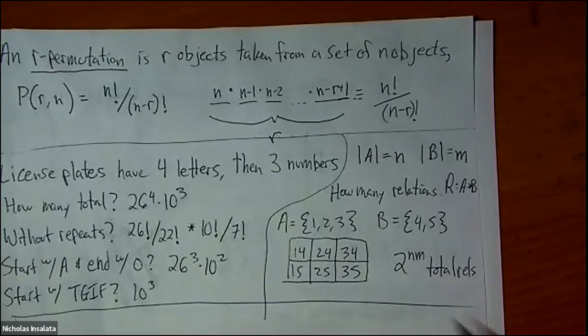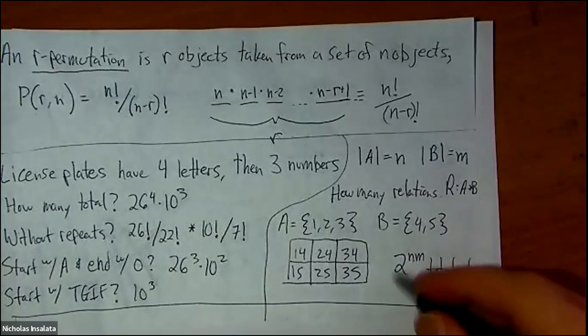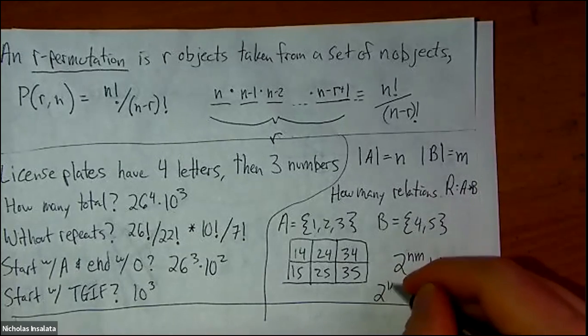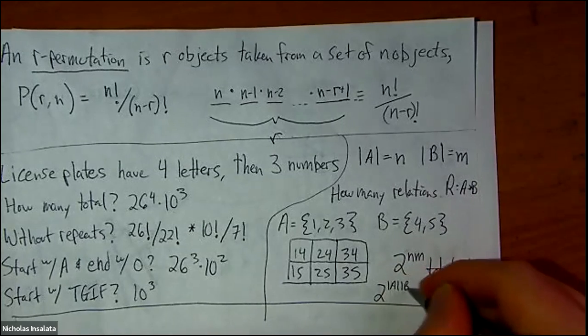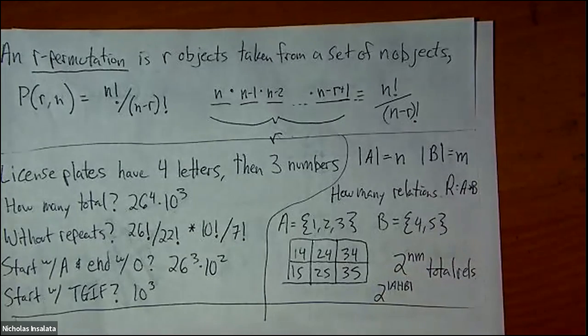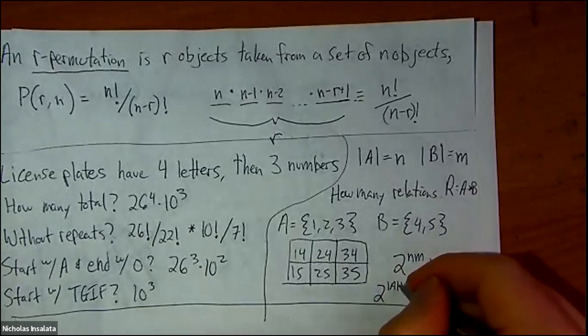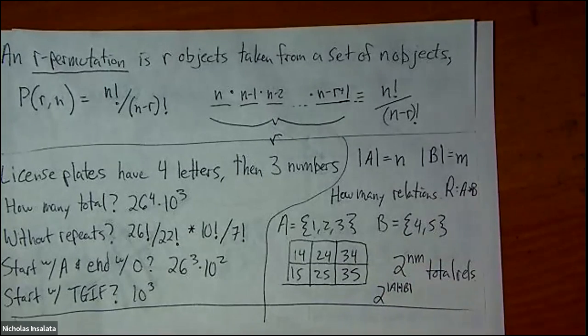Or if you want to say it without the n and m, that's fine. You'd have 2 to the size of A times the size of B. Right? Okay. So let's try another one.